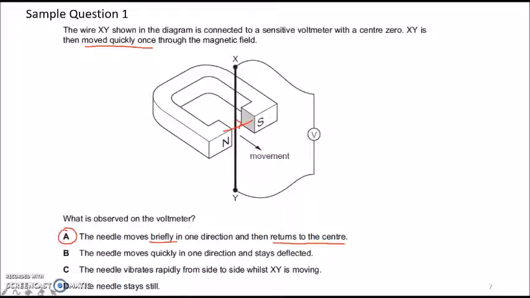C, the needle vibrates rapidly from side to side while XY is moving. Since we have only one direction here, it cannot be side to side. Side to side means that we move to and fro. D, the needle stays still, cannot be, because the conductor is not always cutting the magnetic field.